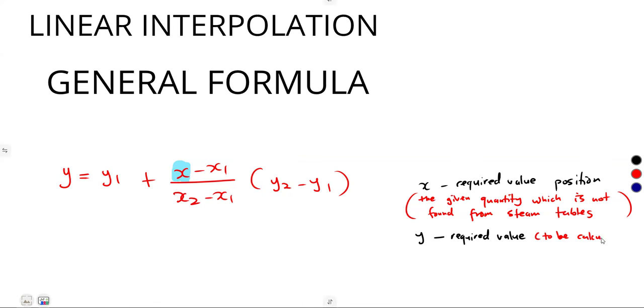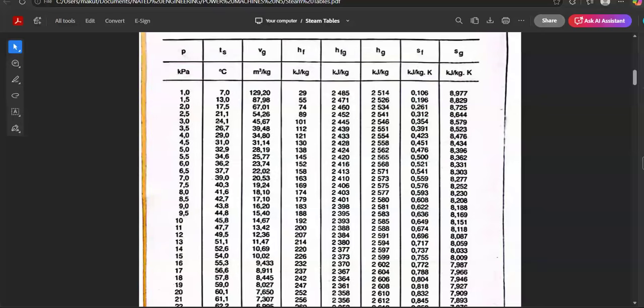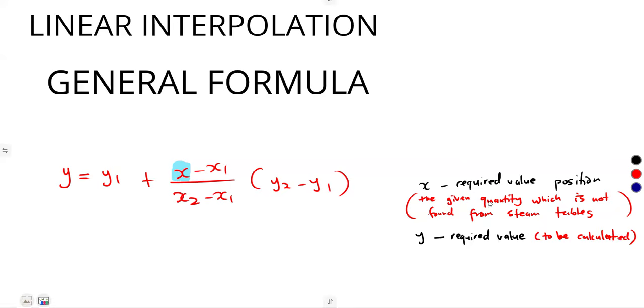The one that we are being asked, let's say for a given pressure, we want to determine any of these. That is what I'm trying to say. From that, you want to find TS, V, whatever, any of these, from the unknown pressure that is not given. That is the y value. Or maybe you're given temperature, you want pressure.